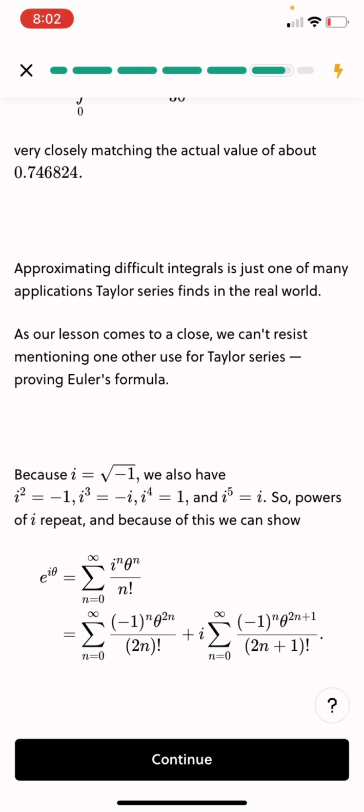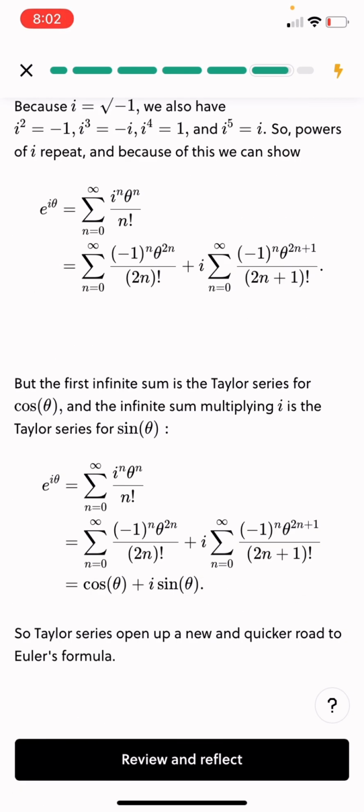So the powers of i repeat, and because of this we can show a basic equation, e to the i theta equals the infinite sum over n from 0 of i to the power n, theta to the power n over n factorial, or this giant equation, which you can pause to look at.